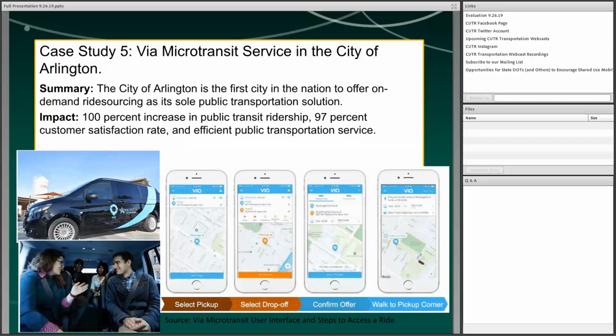So there is an option apart from using a smartphone. If you look at the picture on the right here, it's like any other TNC application. You select the pickup and select drop off and confirm the order, and once you have a ride, you wait at the pickup location that is mentioned in the smartphone application.